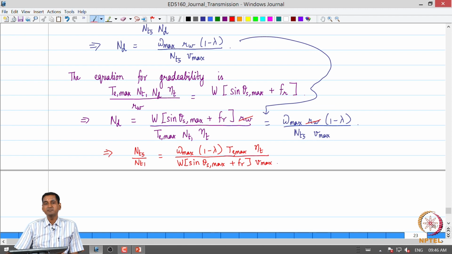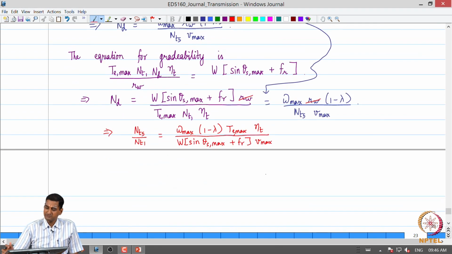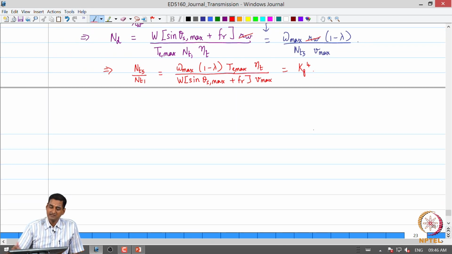Now, what is NT5 by NT1? K g power 4. So, that is going to be K subscript G to the power 4. So, this will give us K subscript G power 4, okay.